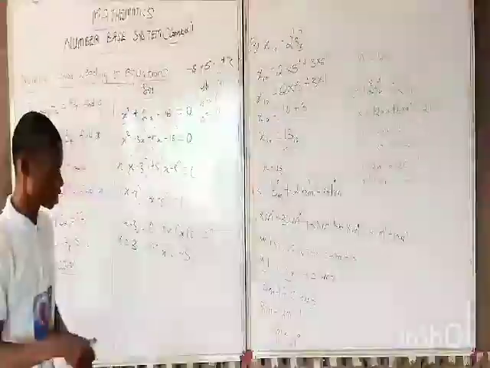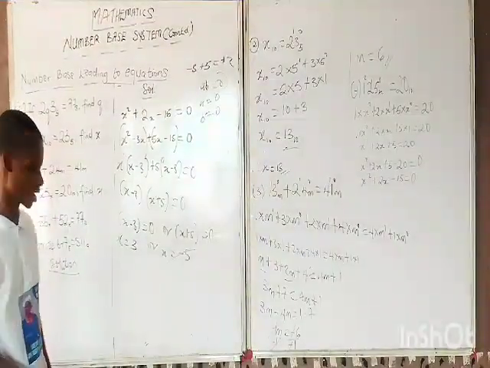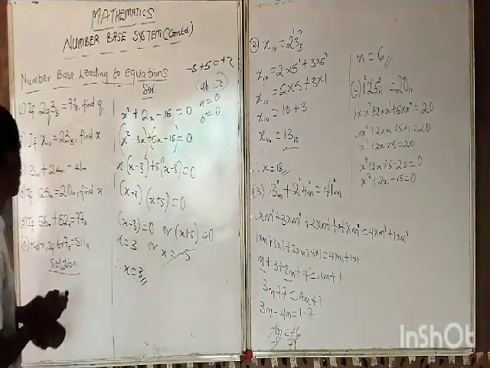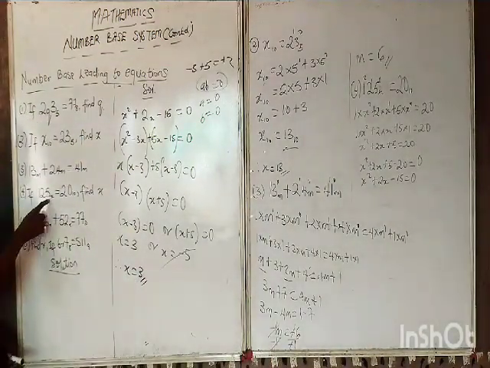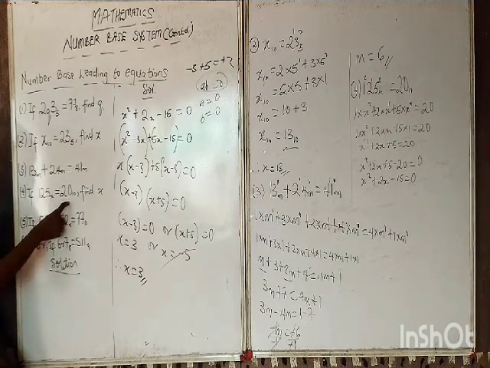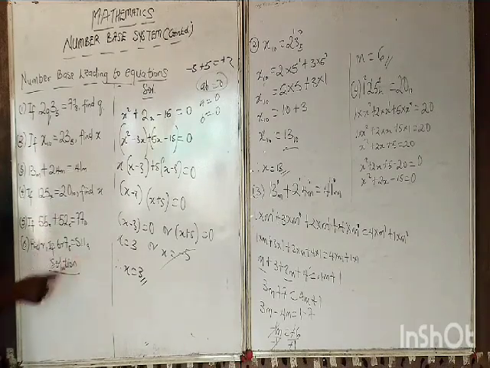So for that reason, s equals minus 5 cannot be our answer. Therefore, our answer is s equals 3. So 1, 2, 3 base 3 equals 20. Are we together? So s is equal to 3.